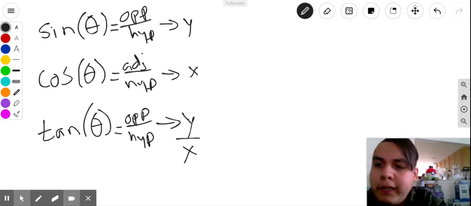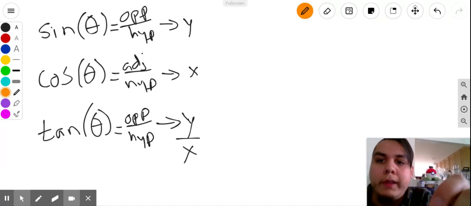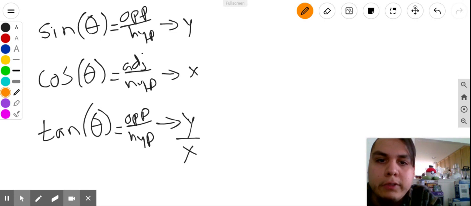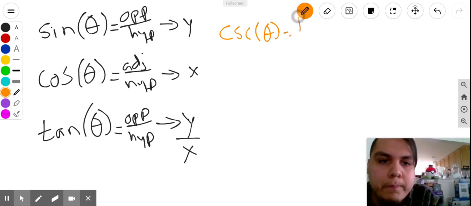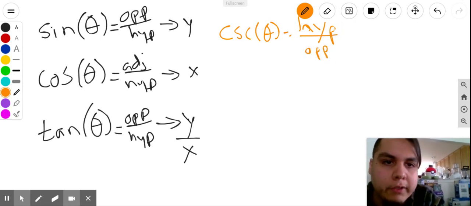So now let's bring in the other 3. We had cosecant of an angle, which was hypotenuse over the opposite. Sorry for my sloppy handwriting there.